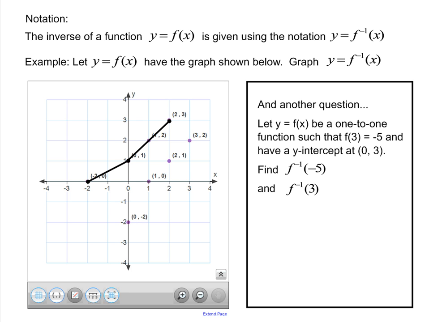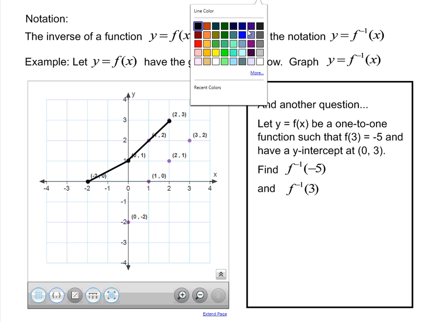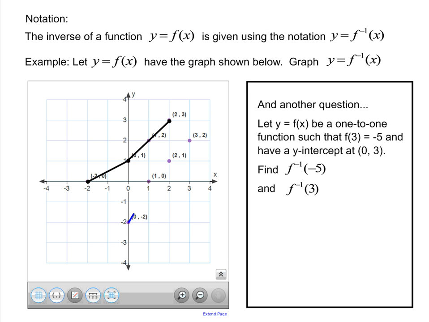And so if we were to graph our inverse function right here, and I'm going to use a different color, blue, our function should be the kind of function that passes through these points, and passes through these points as well, right here. So this is how our function should look as an inverse.